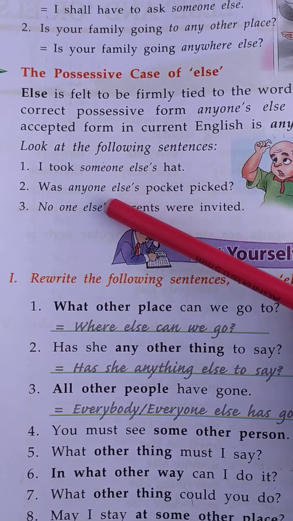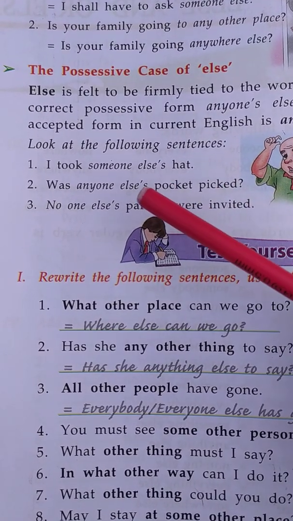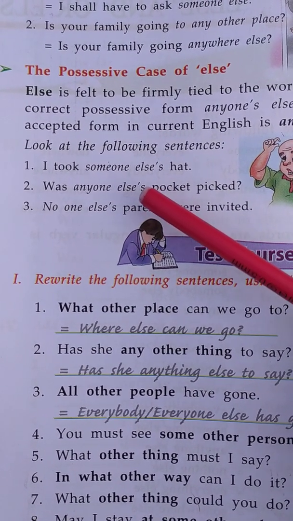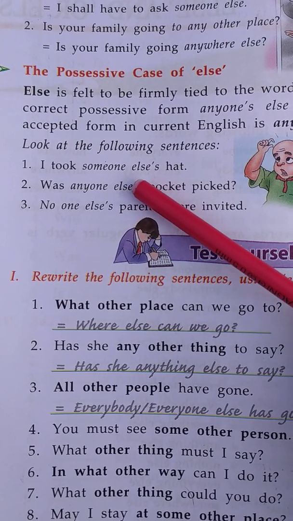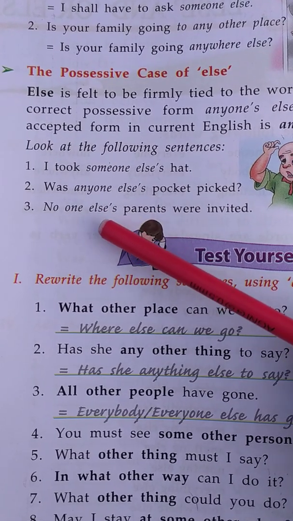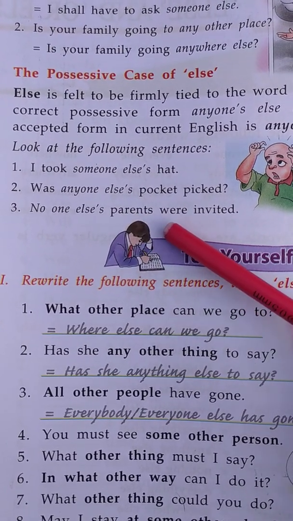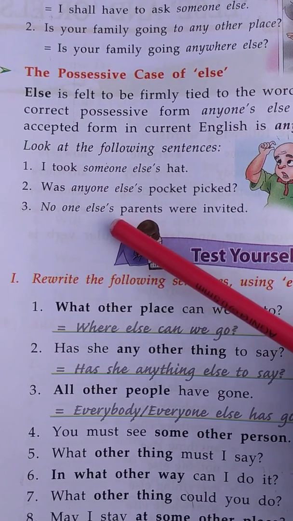Number 2, was anyone else's pocket picked? In this sentence also the possessive case of else is used: else apostrophe s. Number 3, no one else's parents were invited. In this sentence also the possessive case of else is used.